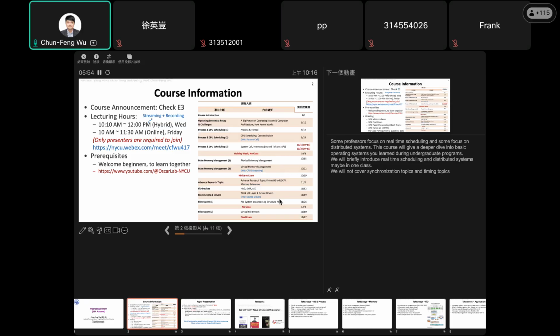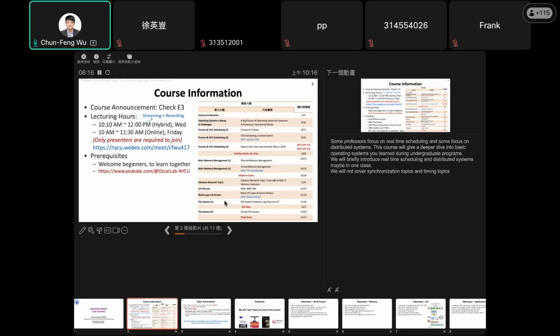Okay. After the midterm, we will talk about some advanced research topics, from x86 to RISC-V, and then some memory extension topics on November 5. After that, it is all about the I/O part. We will talk about I/O devices from the bottom, and then move on to the block layer and drivers, and then the file systems.